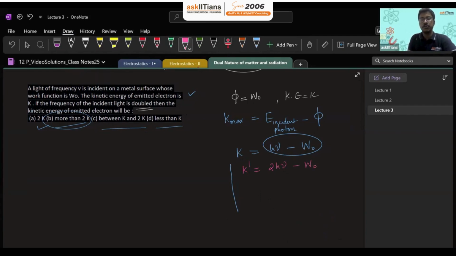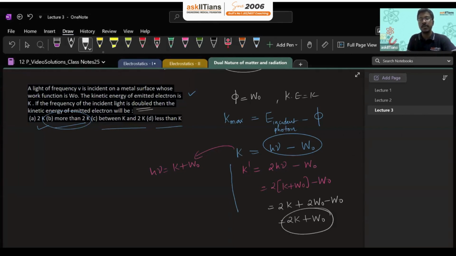This h nu can be replaced from the first equation: h nu is equal to K plus W naught. So I can replace h nu with K plus W naught here as well: 2 times K plus W naught, minus W naught. So this becomes 2 times K plus 2 times W naught minus W naught. So this is 2K plus W naught. Clearly it is something greater than 2K.